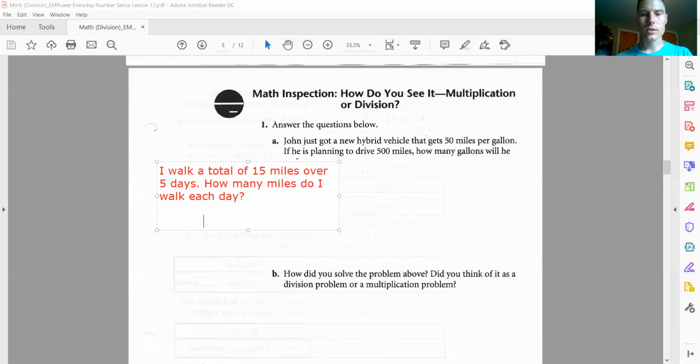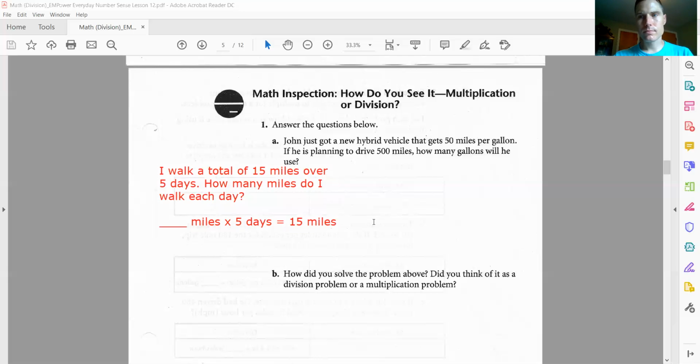So if something equals 15 miles, you could write it like this, and ask yourself, how many miles times 5 days is going to be equal to 15 miles?